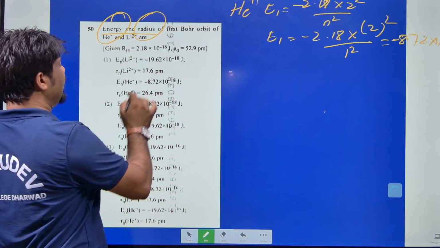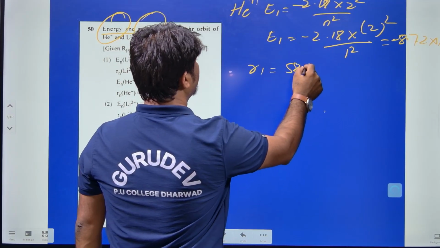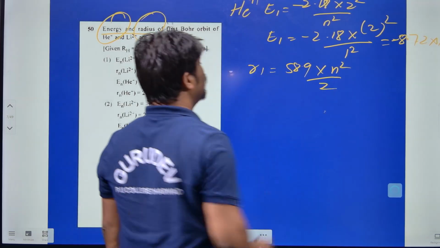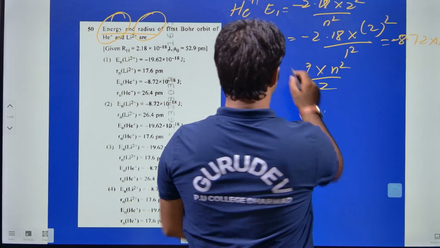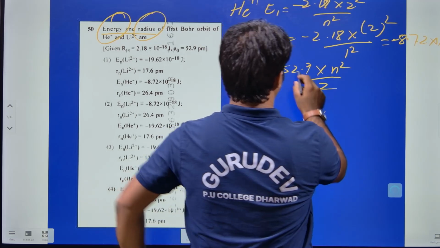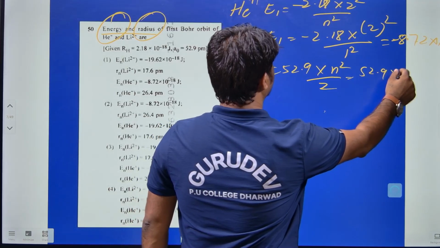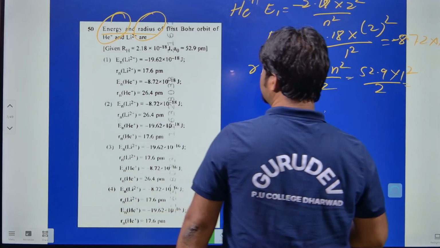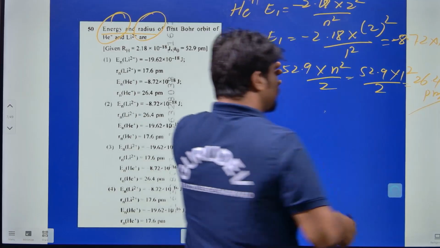Now I am going to calculate the radius, that is R1 is equal to 52.9 into n square divided by Z. So the question can be solved using this formula. Substitute the value, that is 52.9 into n square, 1 square, divided by Z, nothing but 2, which on further simplification I get 26.4 picometer.